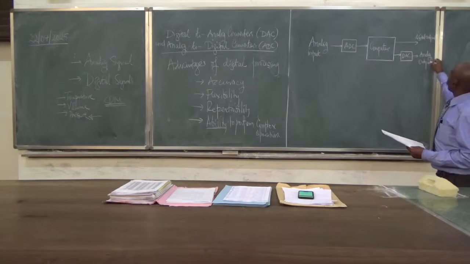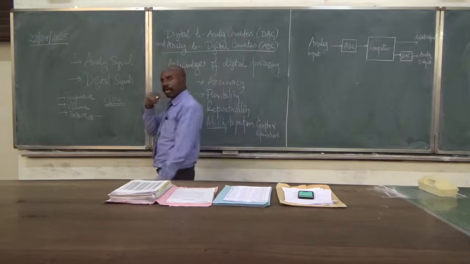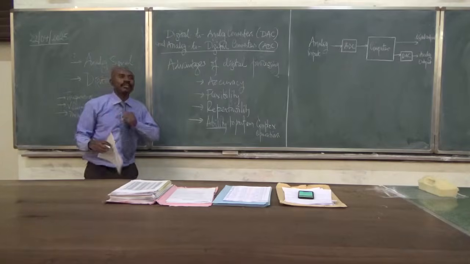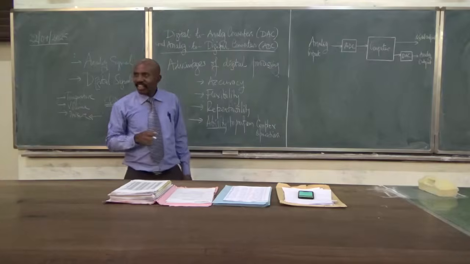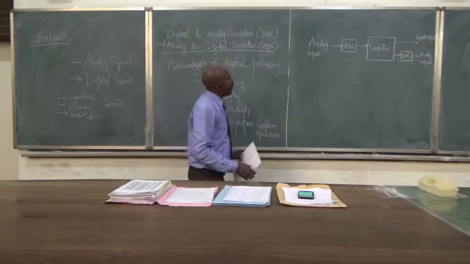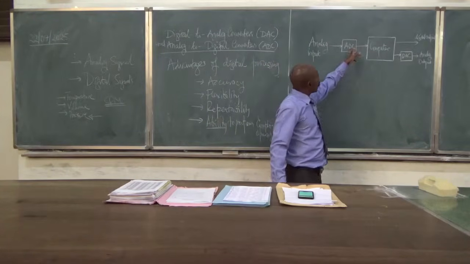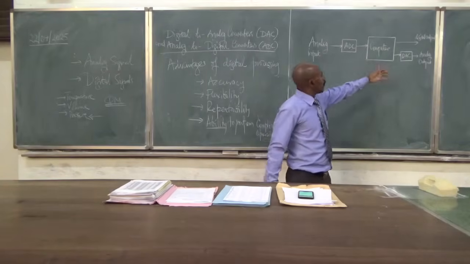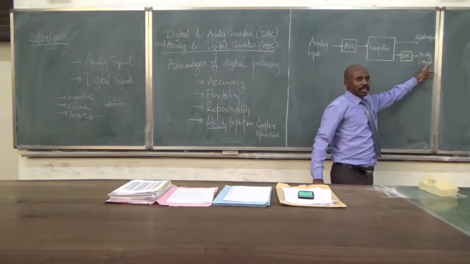And then you actually get an analog output. So if you had a mic, and you sing, the analog to digital converter converts it, it goes into the PC, and then you get an amplified signal out in a speaker.